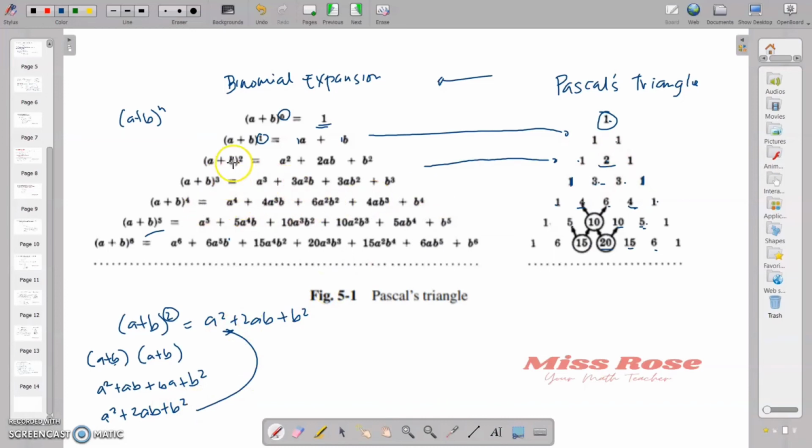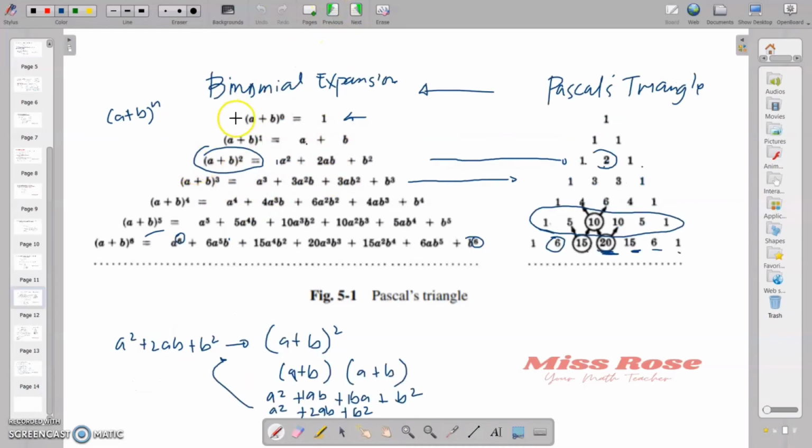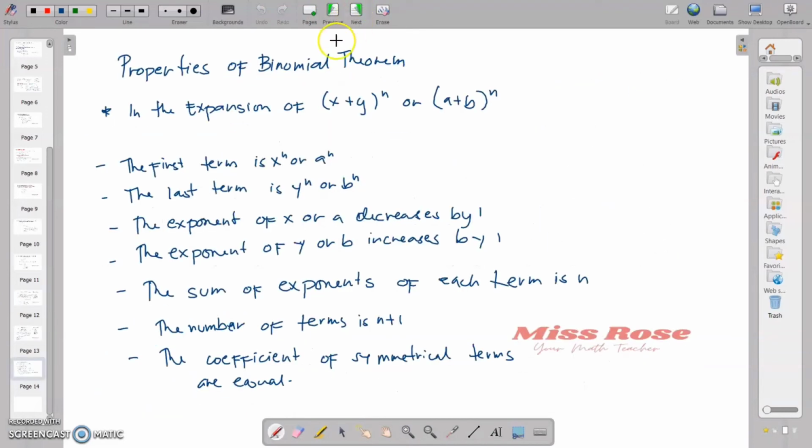How can we tell? The exponent of one term is decreasing and the other is increasing. So, there are properties of the binomial theorem, in the expansion of (x plus y) raised to n, or using the variables (a plus b) raised to n. The first term is x raised to n, or a raised to n.